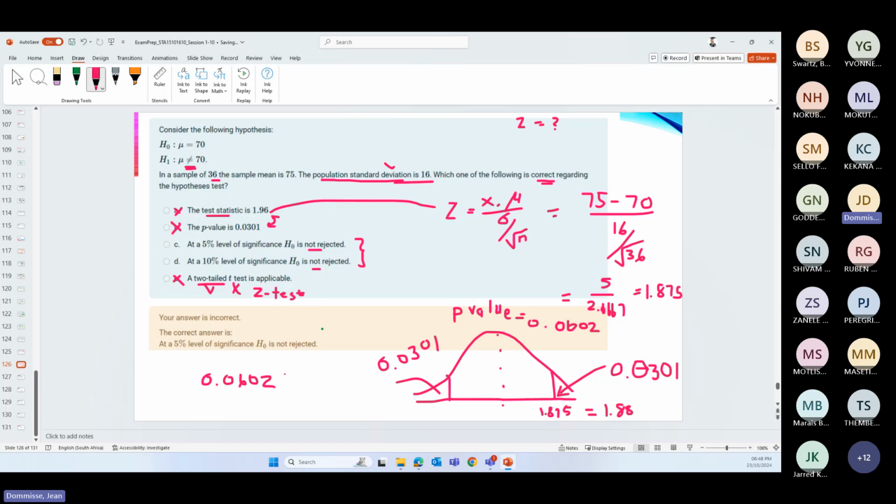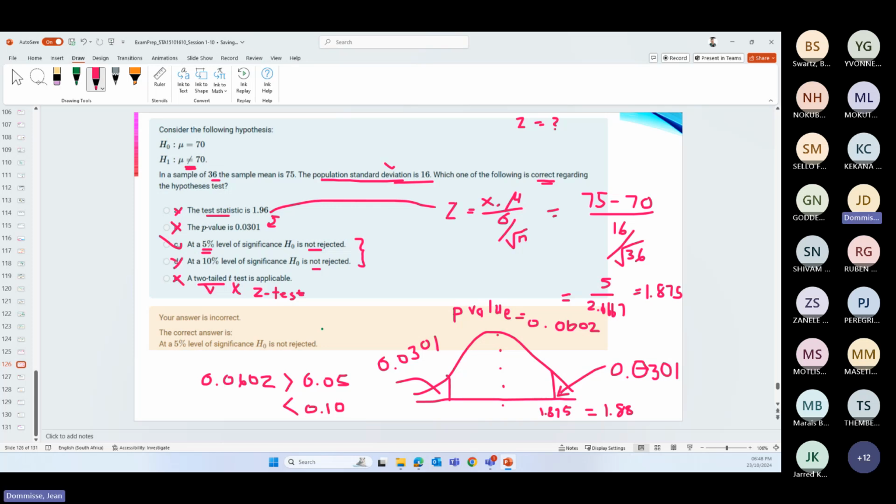So now we can see 0,0602 is bigger than 0,05. That one. And it's smaller than 0,10.